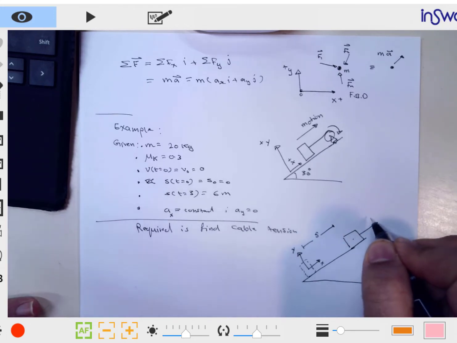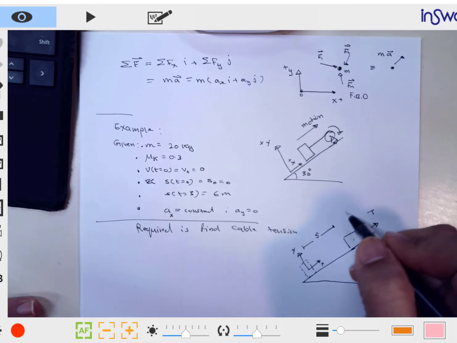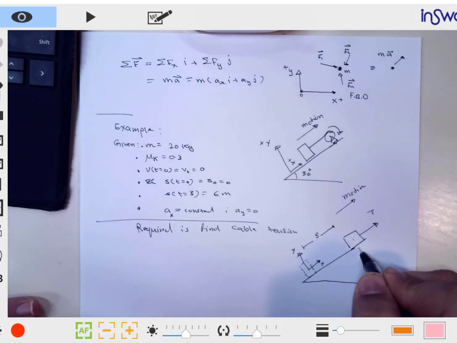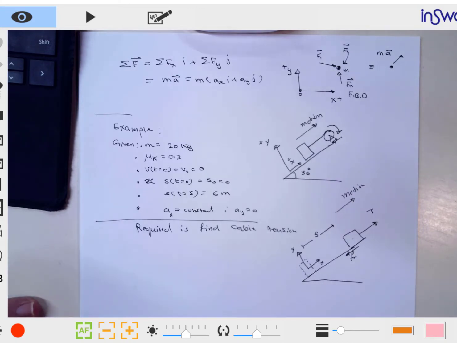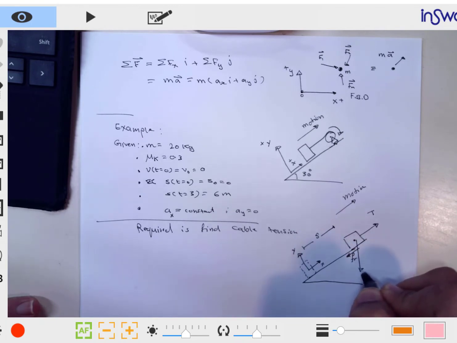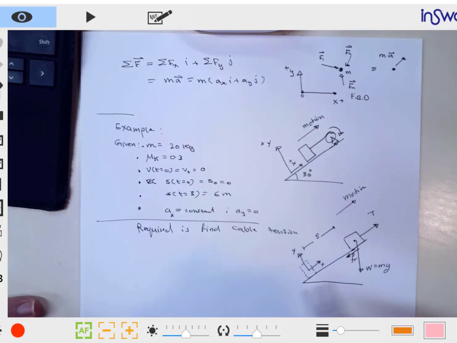This is pulled by the motor cable T. This is the tension we want to find. The motion is in that direction. Definitely we have a friction opposite to the direction of motion. Also we have a weight, so I'm going to draw this is the weight, equal to mg, pointing down.